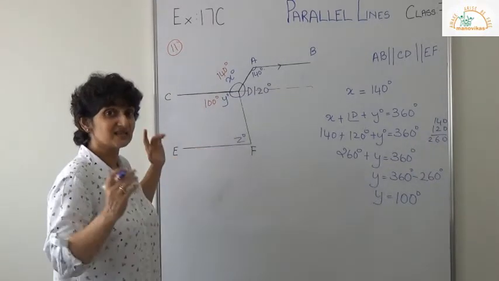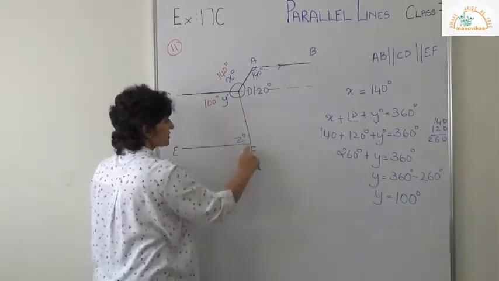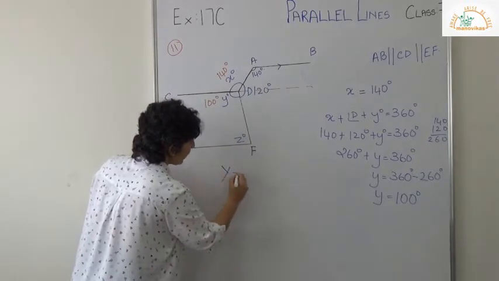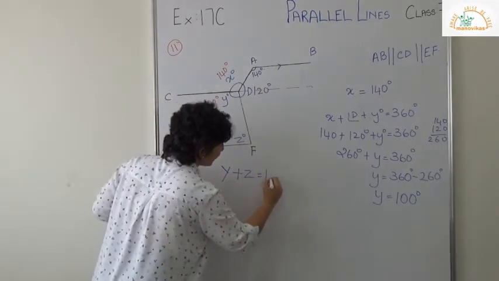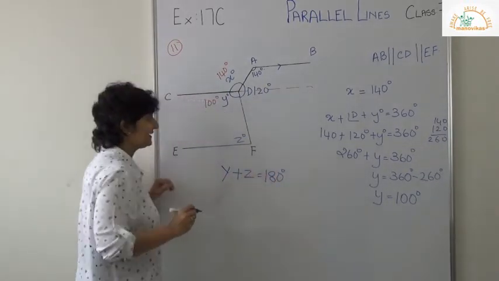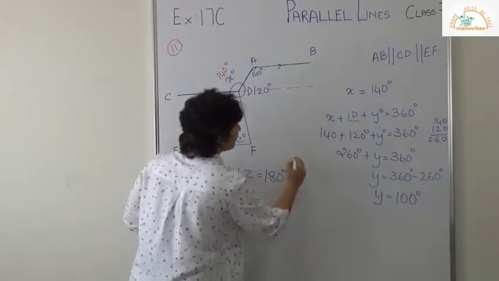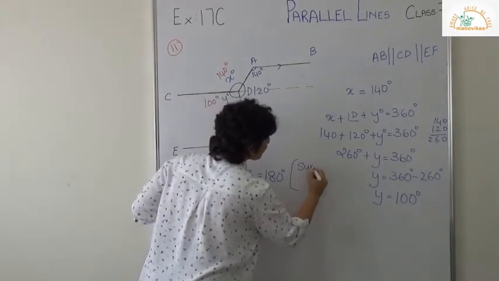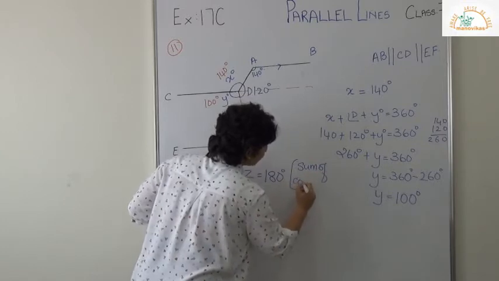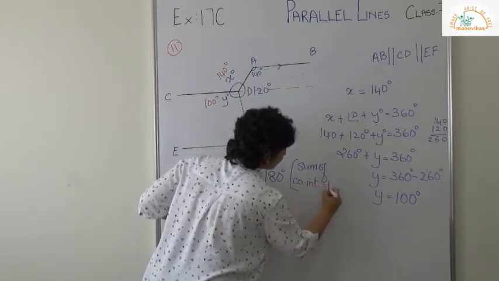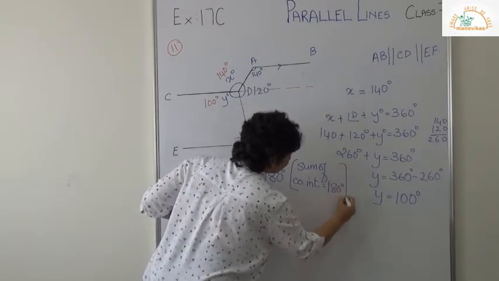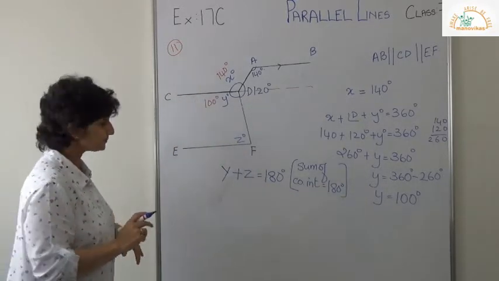Now to find z is simple. What does it look like? Your box shape. So you know y plus z is equal to 180 degrees. What is the reason? Yes, sum of co-interior angles is equal to 180 degrees. Correct, children?